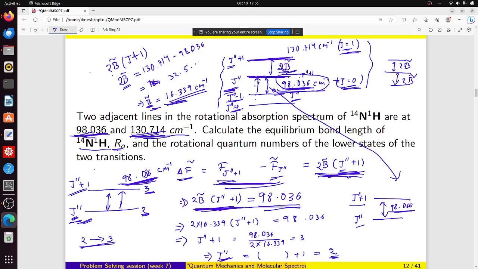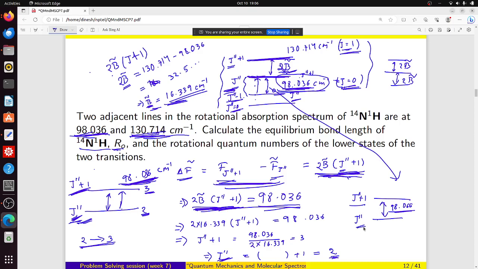Now I am rephrasing this problem like this. I am saying the previous state was j double prime and the current state is j double prime plus 1. Why am I doing this? I am doing this to be consistent with the formula. This formula is for transition from the j double prime state to the j double prime plus 1 state.